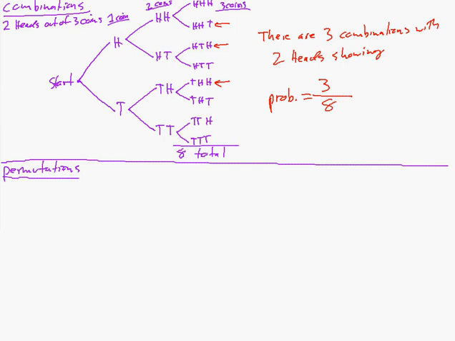We're going to use a similar question: 2 heads out of 3 coins. But now order matters, which means here's our 3 coins, coin 1, coin 2, and coin 3.